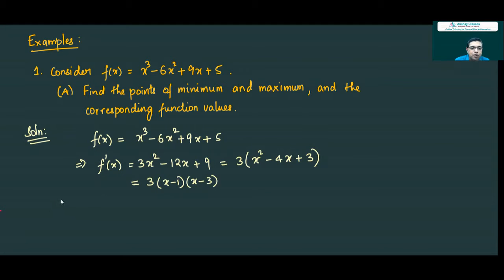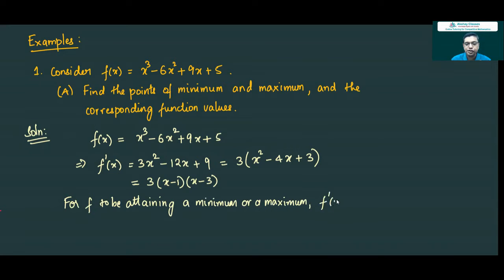So for f to be attaining a minimum or a maximum, f dash x, the first derivative, must be 0.